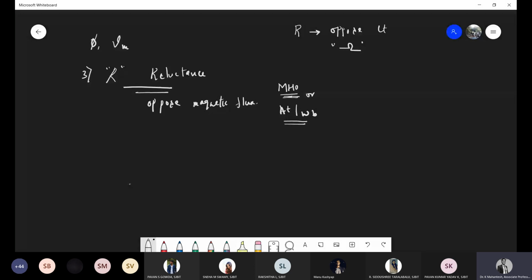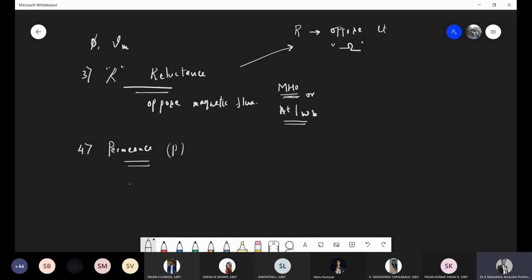And the last value, permeance, P. What do you mean by permeance? Permeance is the property of a magnetic circuit which allows the magnetic flux.